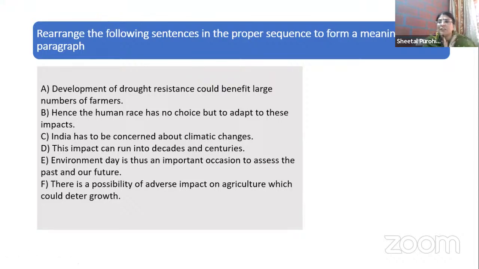Again, remember the first sentence will give the introduction to the ideas, the remaining sentences will give support to the main idea, and the last sentence should give some conclusion. So do this question quickly.